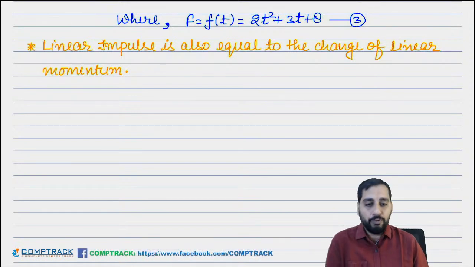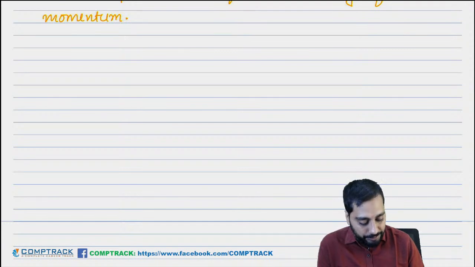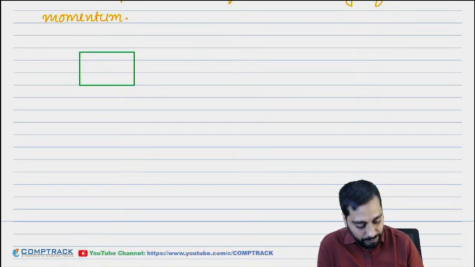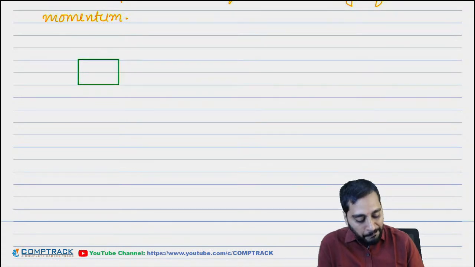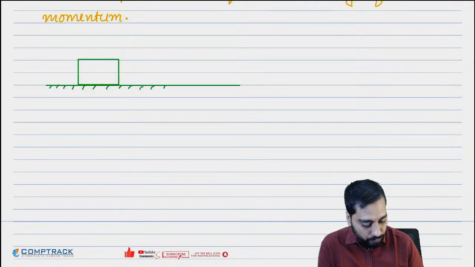Okay, that we can prove. Let's say there is a body, a block, like this. Initially this block is moving with, let's say, constant velocity u.